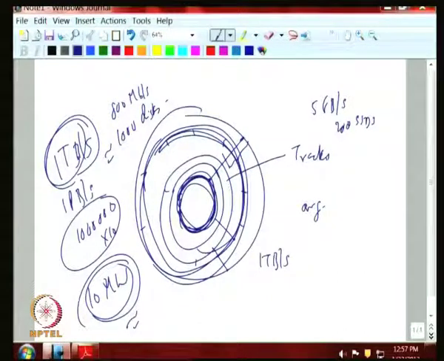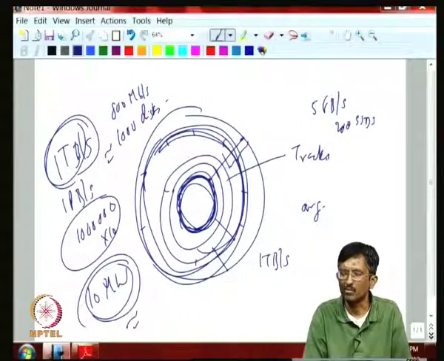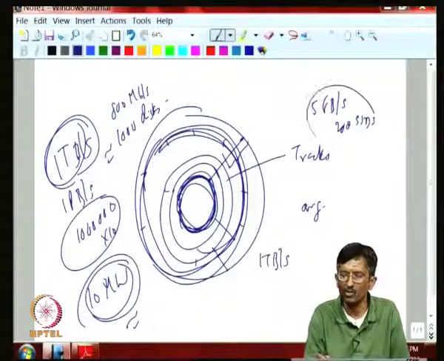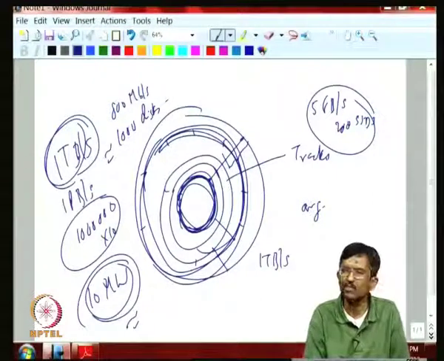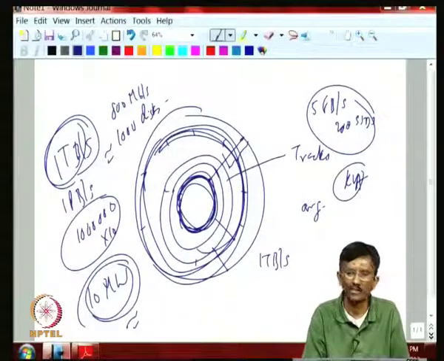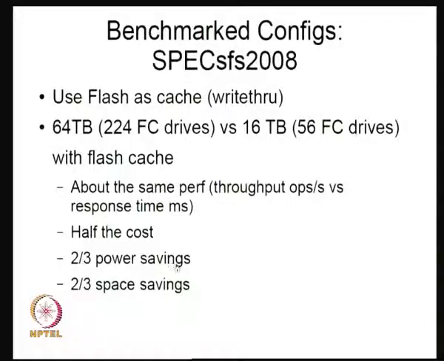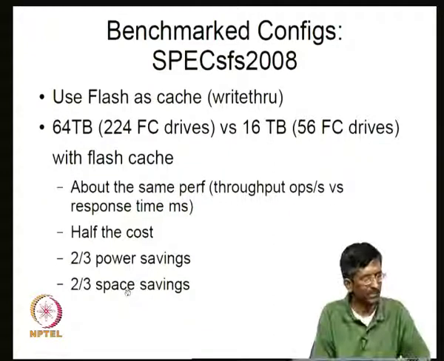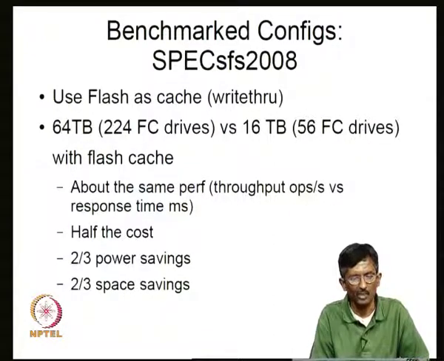You can only pump that part of it which is being used. So you are talking about something which will be at the most kilovolt ampere, not megawatts. So this is something that people have to think about when you are designing very large scale systems. There is power savings and space savings, and for large systems it is almost inevitable nowadays.